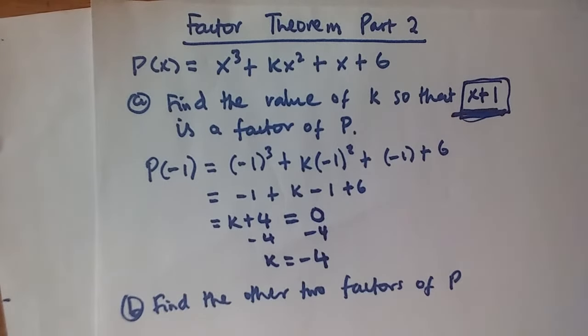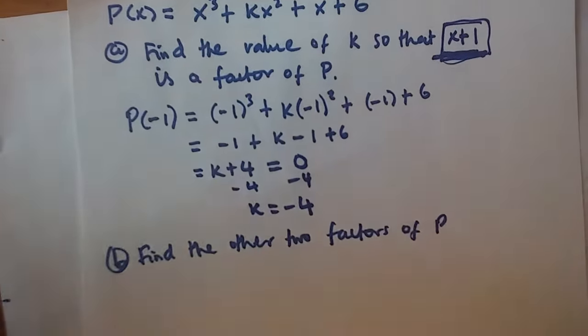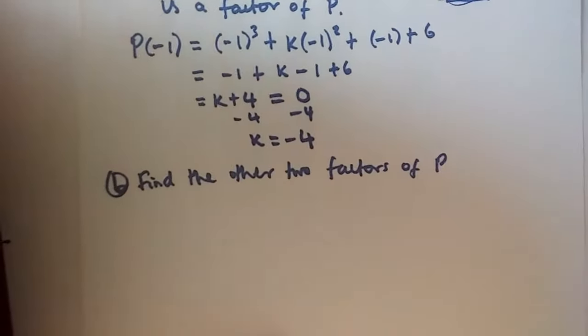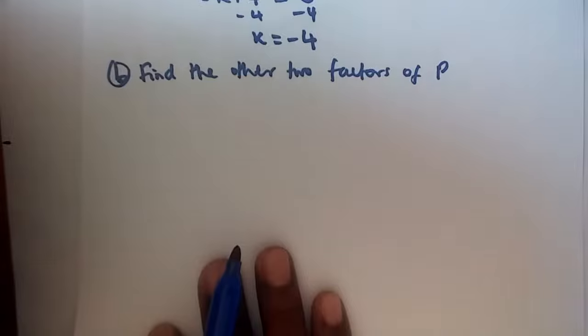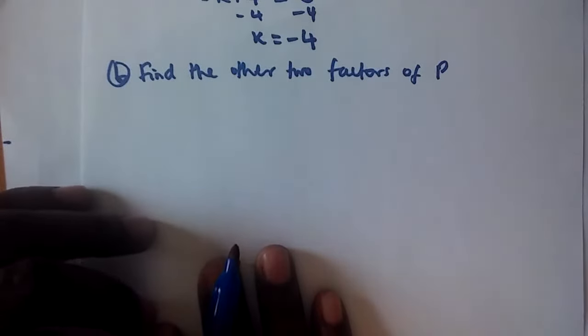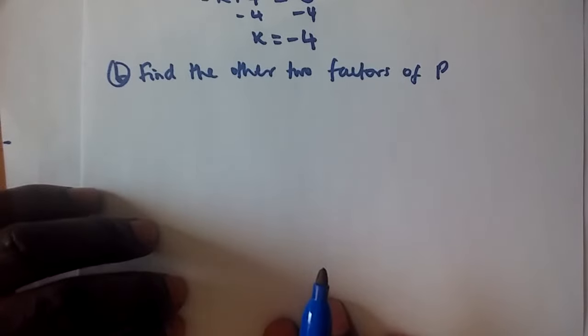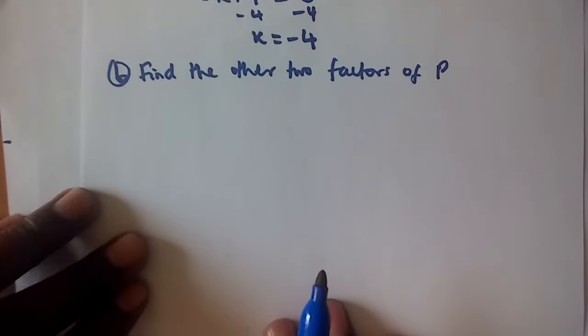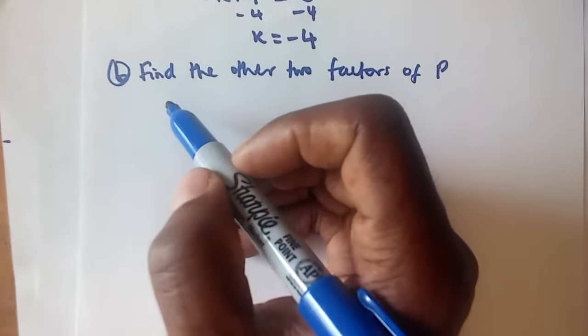So now the follow-up question to that will be, what then will be the other two factors? How do we know we're going to have two factors? There's an assumption here that since this is a cubic equation, let's put k back there first.